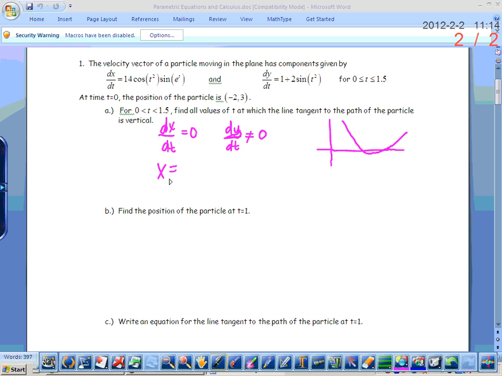Okay, so the first one that I got was 1.145. And the other x-intercept is 1.253.